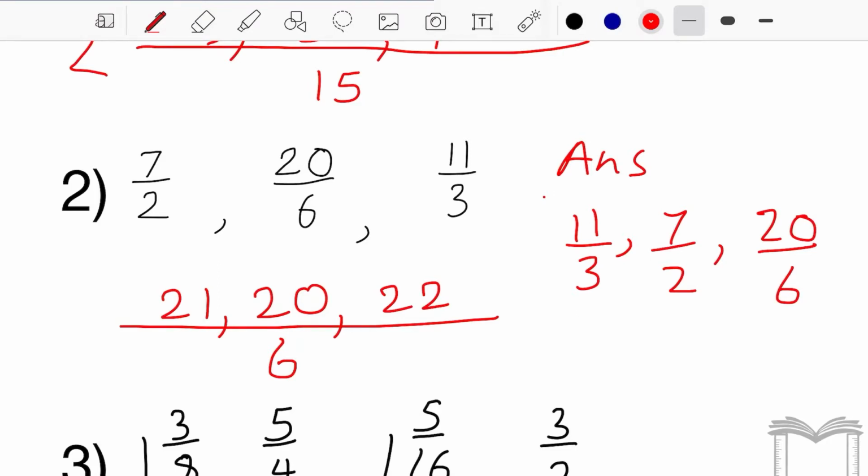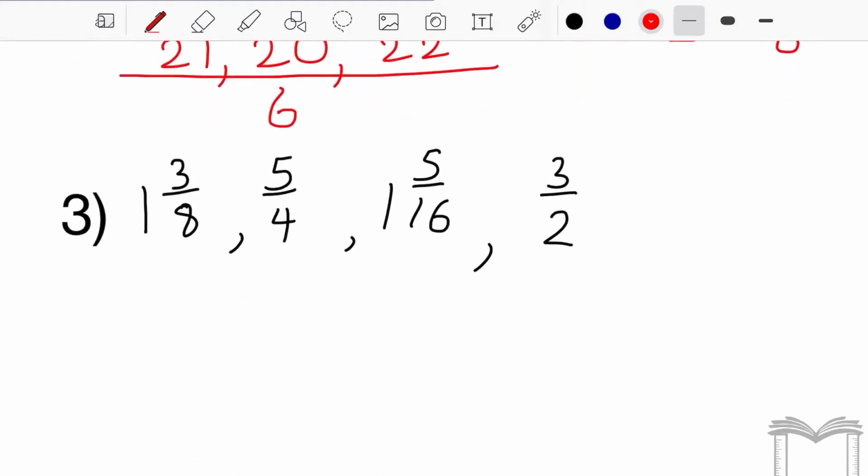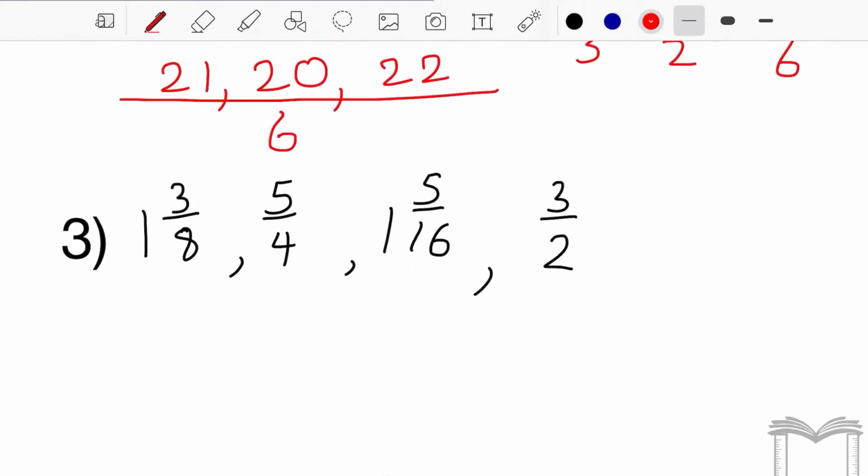Number 3. We have a mixture of mixed numbers and improper fractions. What I prefer to do for this type of question is make all of them into mixed numbers. Now you can also make all of them into improper fractions, and sometimes that might be easier.